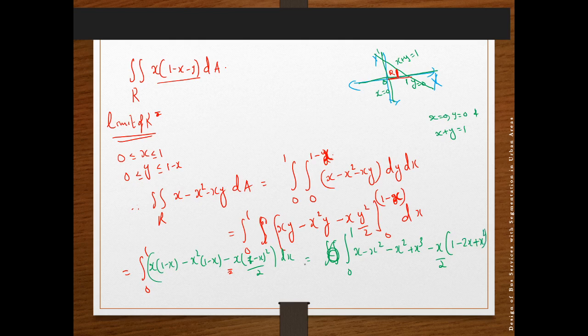So (1 minus x) all square is this. You can also integrate without simplifying. Okay, from 0 to 1, x minus 2x square plus x cube, minus x by 2, plus x, minus x cube by 2.